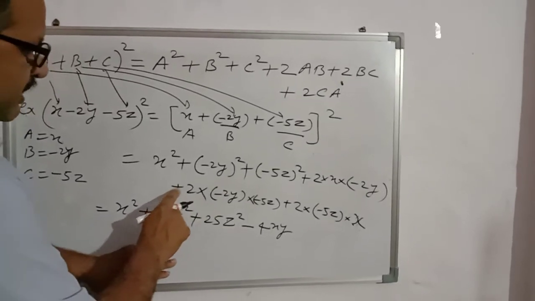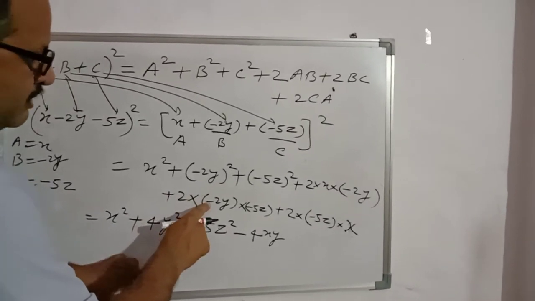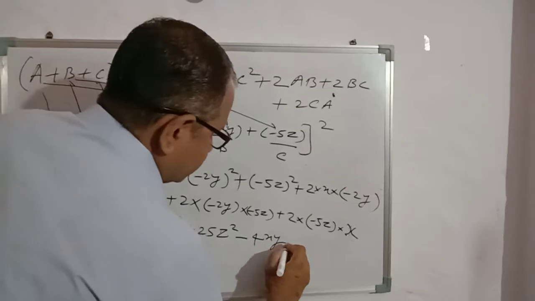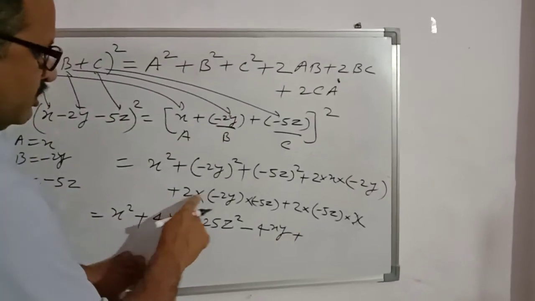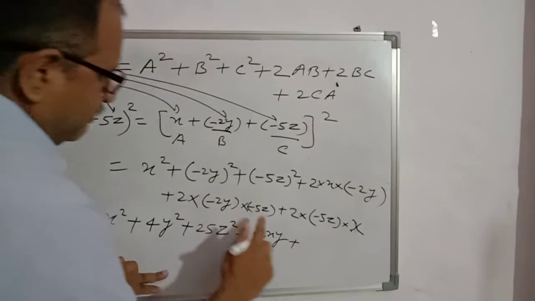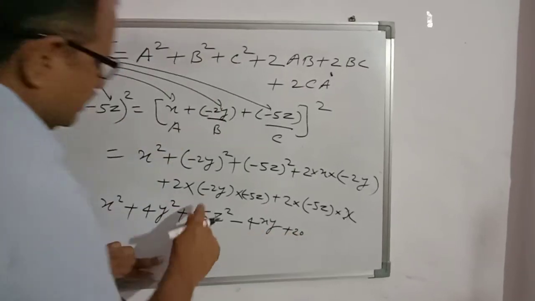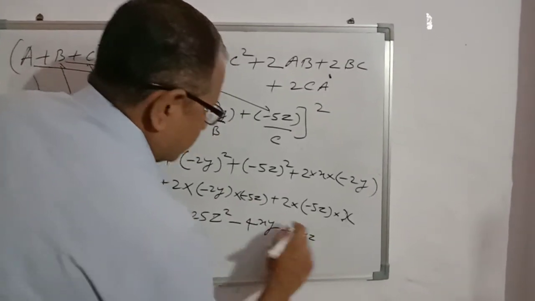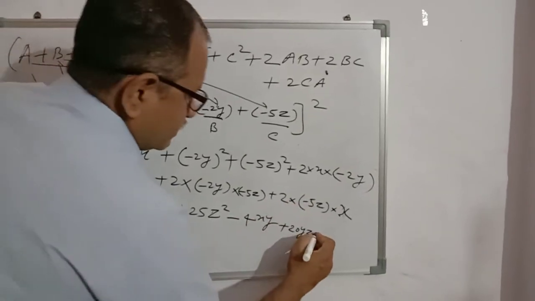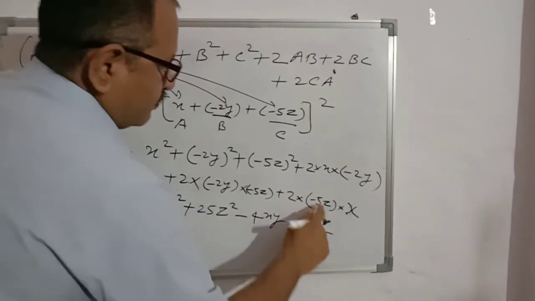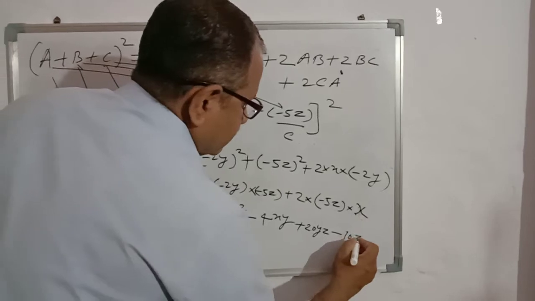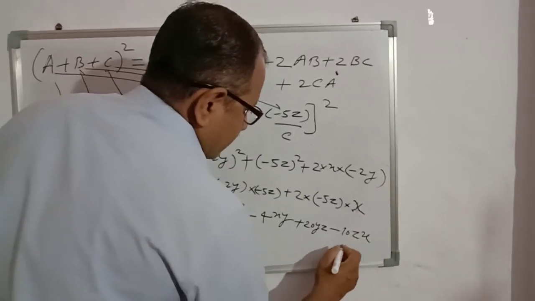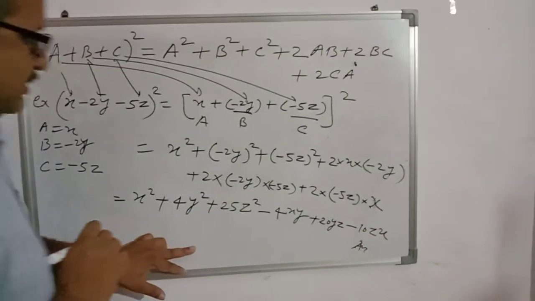See here, plus into minus is minus, minus into minus is again plus, 2 into 2 is 4, 4 into 5 is 20, yz, plus into minus is minus, 2 into 5 is 10, z into x, 10zx. This is the final answer.